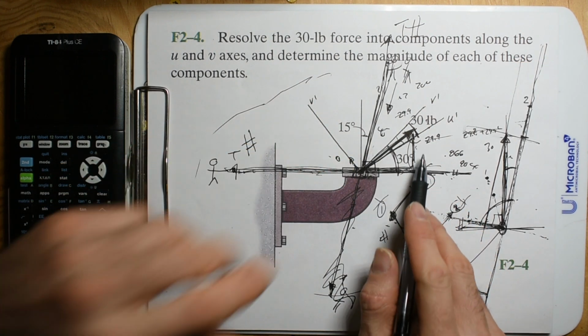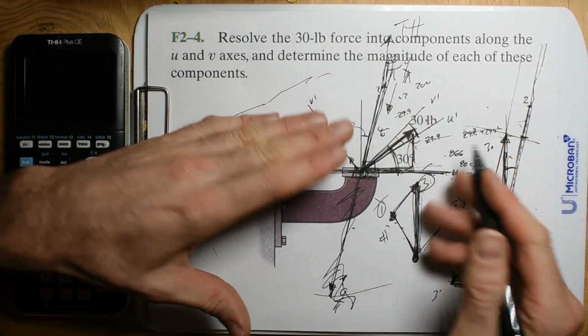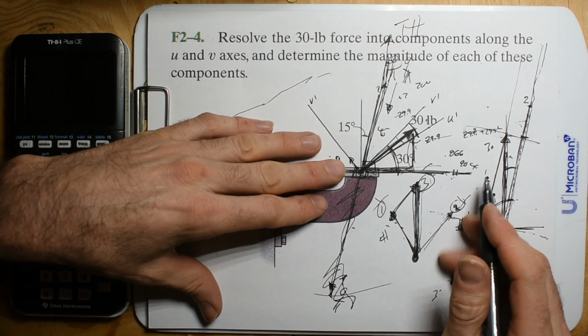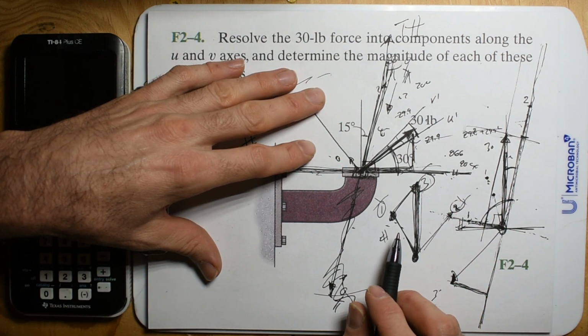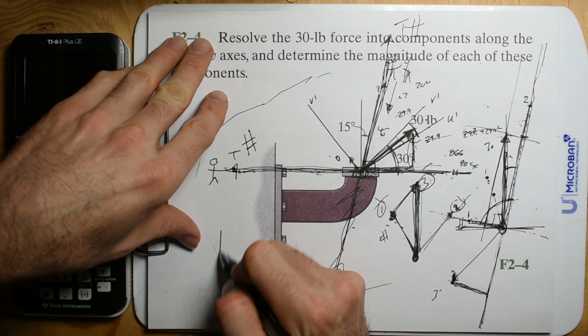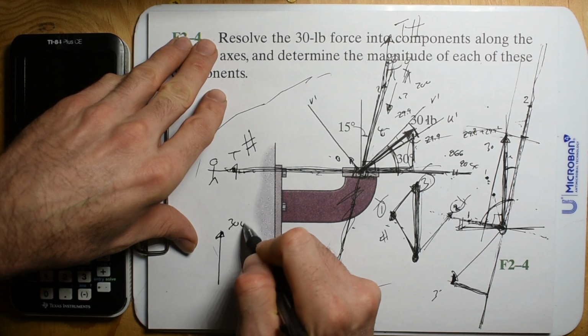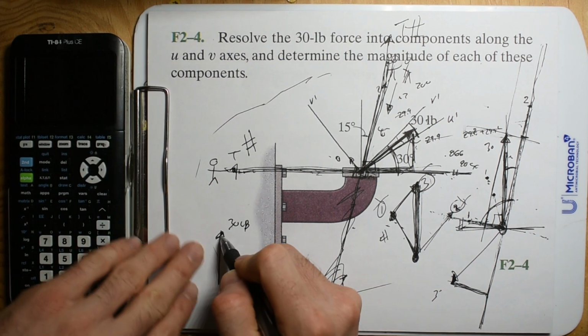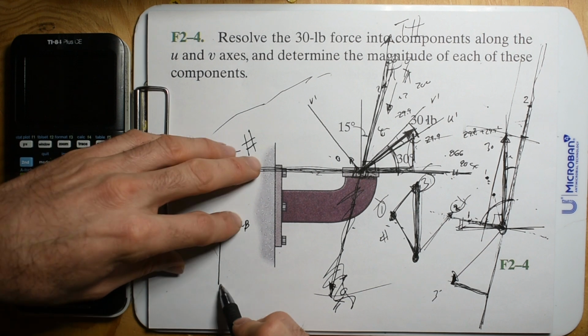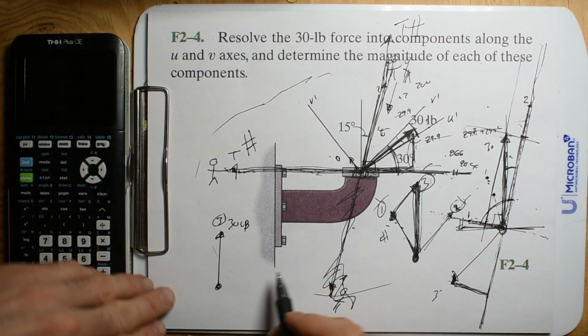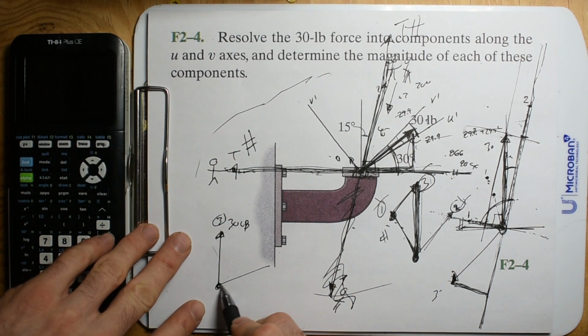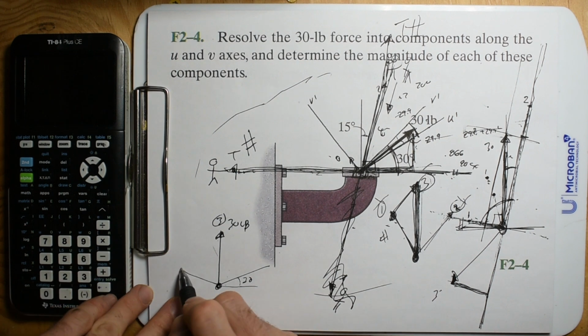So let's do that. So this person, and there's a chance that both people would have to, so if I do this, if I have a 30-pound force, and that was person 3. Person 3 removes his rope from the tree. Person 1 and 2 come in, and they're at 30-degree angles, this angle and this angle.